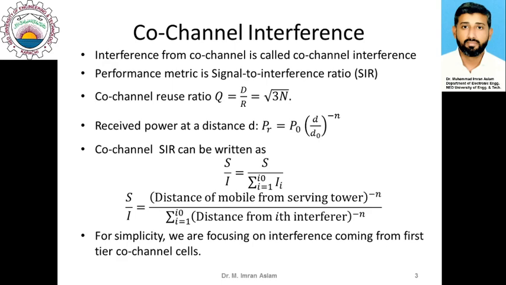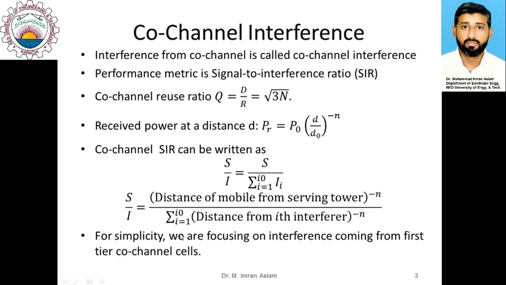So let us try to simplify this expression. Of course, these assumptions would represent an approximate value, but they are good for understanding purposes, and if one needs to calculate an exact value, he or she may refer to this generalized expression to calculate the signal to interference ratio.